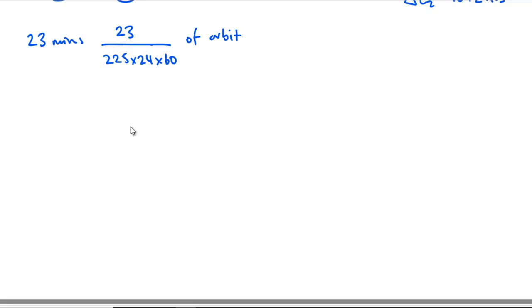That's the fraction of the orbit that it is, which means we've got a distance. So the distance will be 2 pi r multiplied by all of that, 2 pi r times 23 over 225 times 24 times 60. So that's the distance that it's moved in 23 minutes.